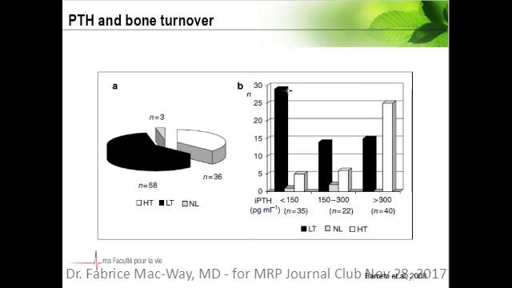But if you have a patient between 150 and 300, you still have almost 15% of the patients with low bone turnover disease. And even if you have a PTH over 300, again, 50% of your patients will have low bone turnover disease. So we know that PTH is not perfect.